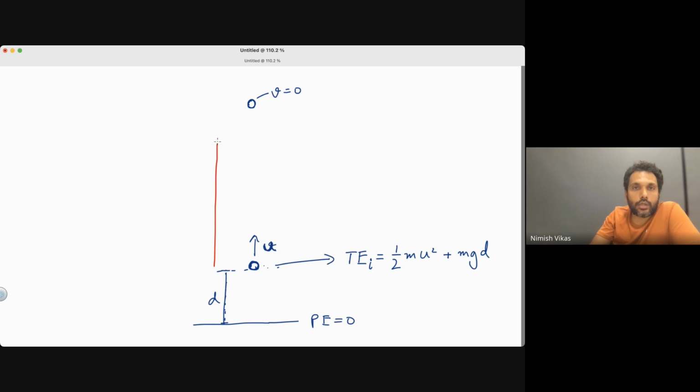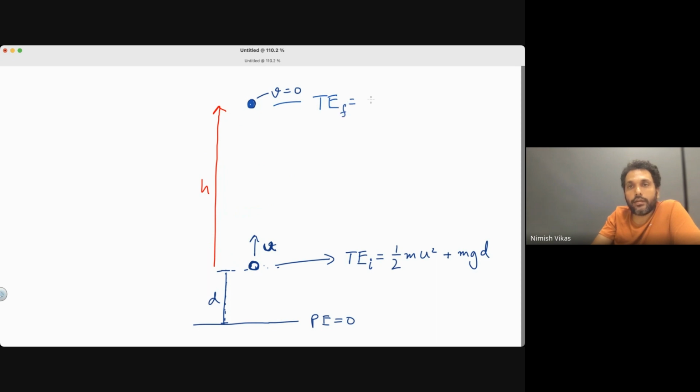Now the body goes up by h height, and we don't even care how the body has gone. That's the great thing about writing the energy conservation, because if the body motion would have been like this, then writing your kinematics equation would have been hell. So here we'll just watch the body over here and comment on the total energy.